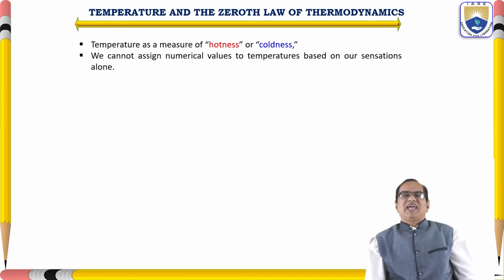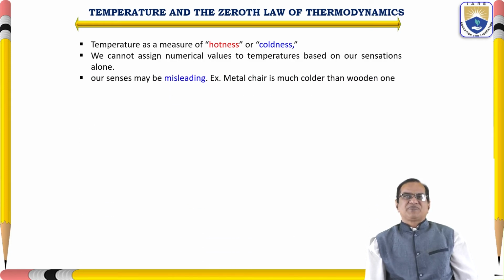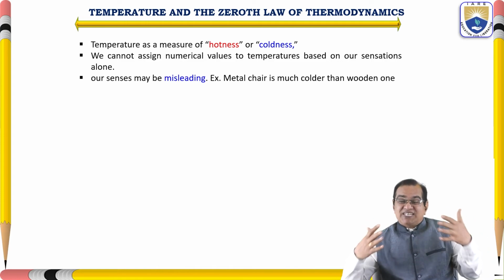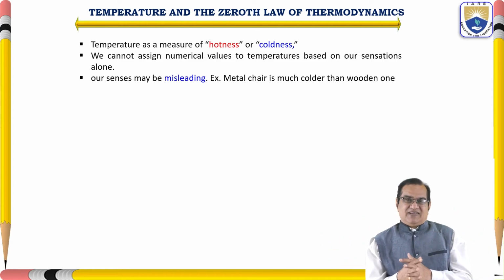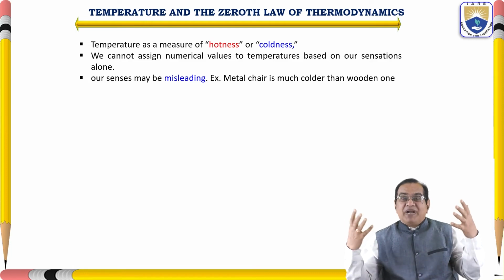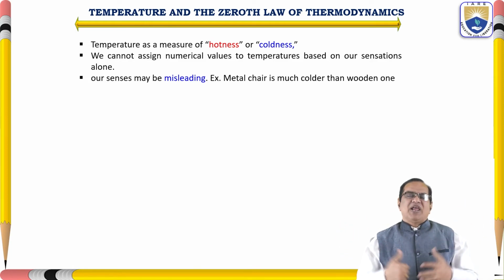So we cannot assign a numerical value to temperature based on our sensation alone. It is not sufficient. Our senses may be misleading. Just now I gave the example. I am sitting in this plastic chair, and if I sit in a metal chair, I feel that the metal chair is much cooler than this plastic chair.